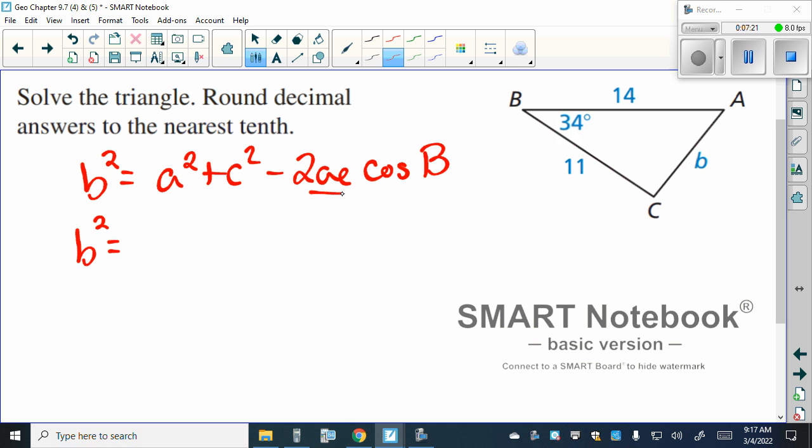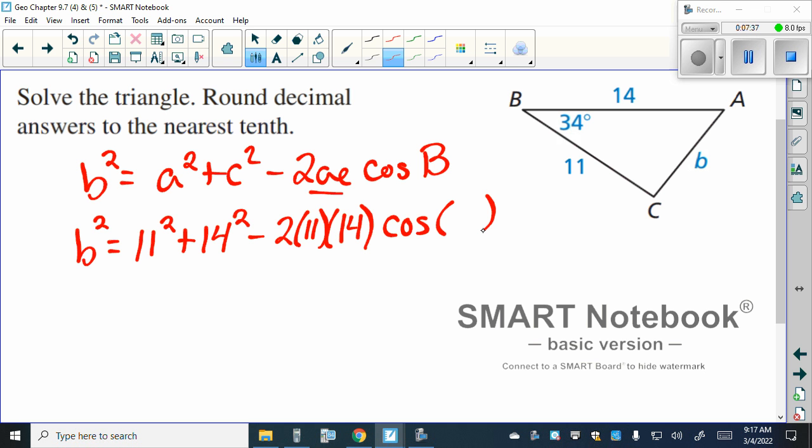AC being multiplied, 11 and 14, is not going to make a difference. We just need to know that those 2 are going to be our other 2. So 11 squared plus 14 squared minus 2 times 11 times 14 cosine of 34, because that's the angle opposite side length B.